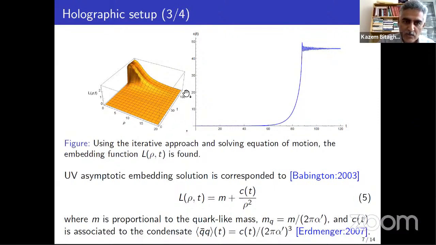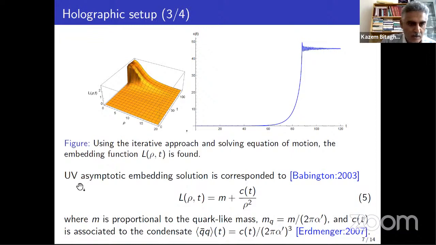In this way, we are increasing the time. At early times, we have a flat embedding, but at late times a peak suddenly appears here, and we see some interesting behavior. We use an iterative approach to solve the equation of motion to find this L.